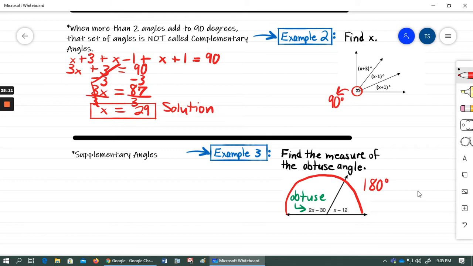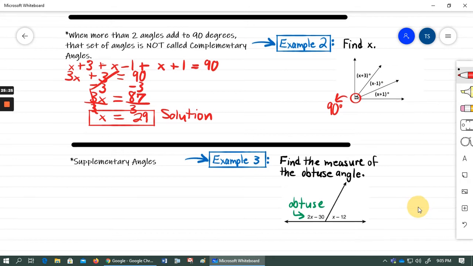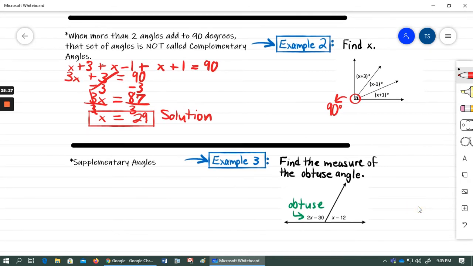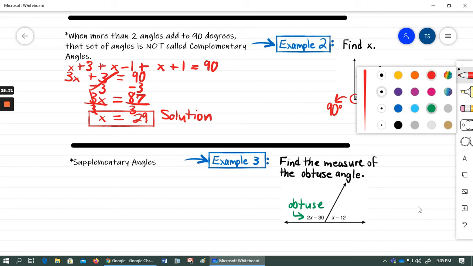And when we have a line like that, that's 180 degrees, the straight angle there. So we write out our angle addition postulate based on those two angles adding to 180 degrees because they're supplementary.